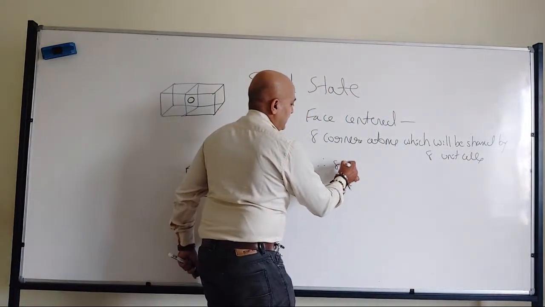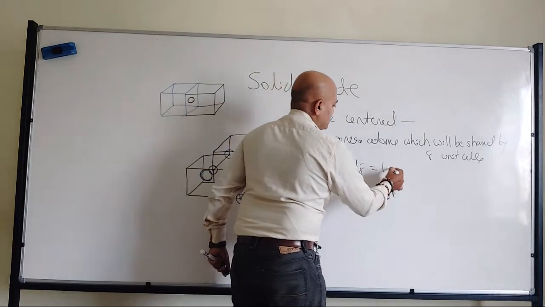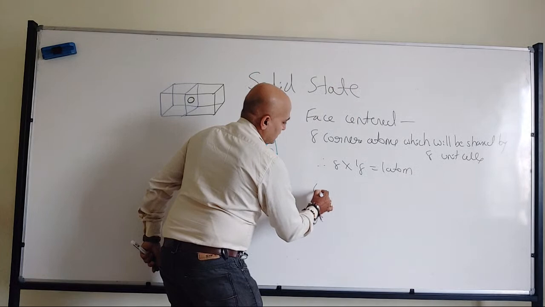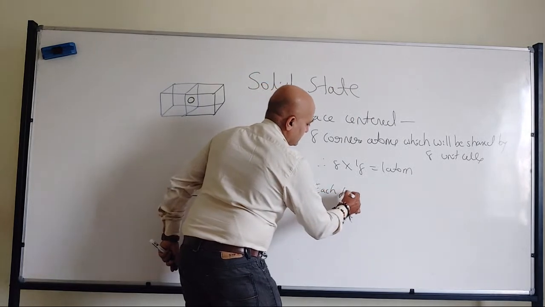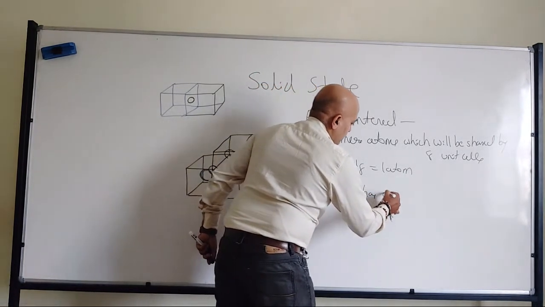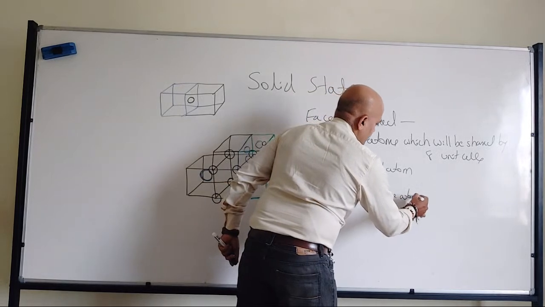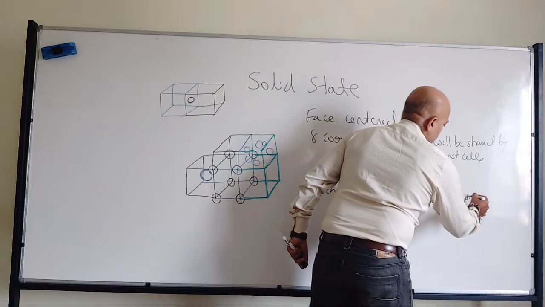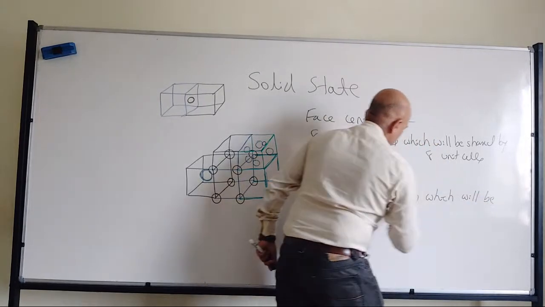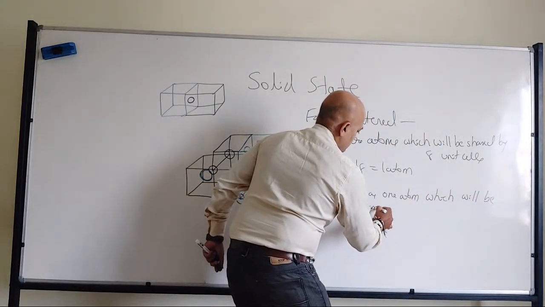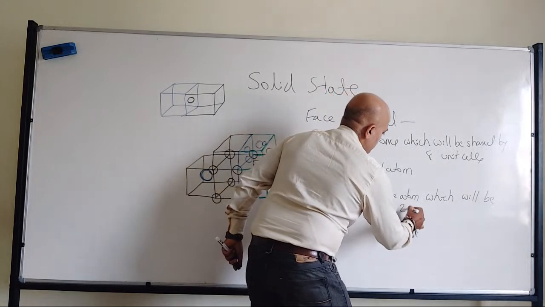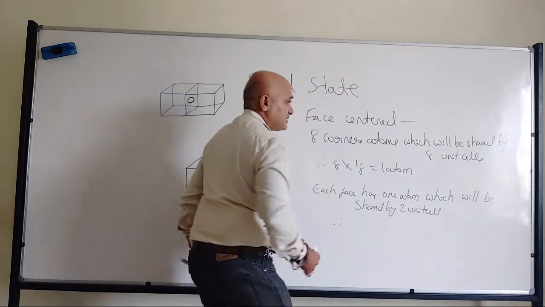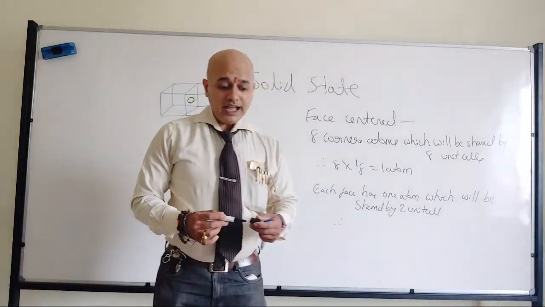Therefore, 8 into 1 by 8 is equal to 1 atom. Then each face has 1 atom which will be shared by 2 unit cells. Therefore, how many faces are there? Total we have 6.